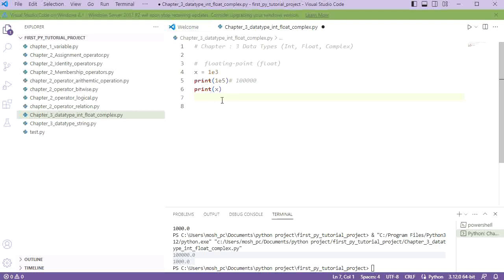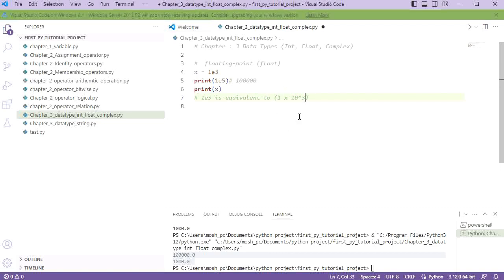Let's try to understand that. In Python, 1e3 is a shorthand notation for expressing a floating point number in scientific notation. Specifically, 1e3 is equivalent to 1 times 10 to the power 3, which is equal to 1000.